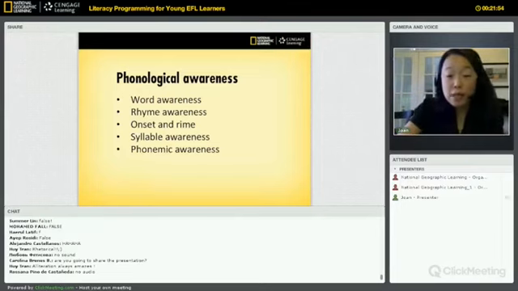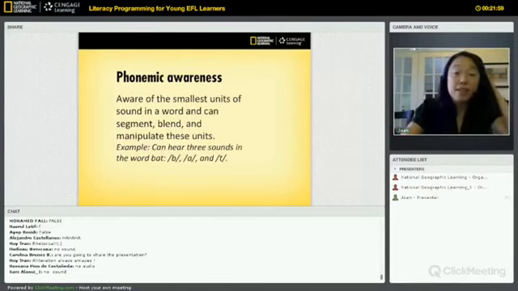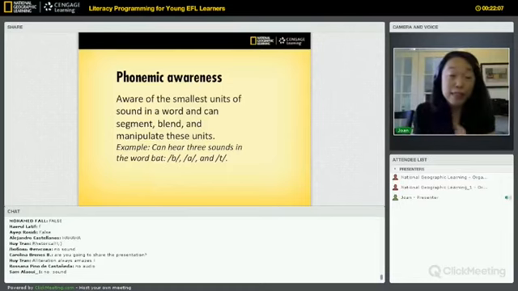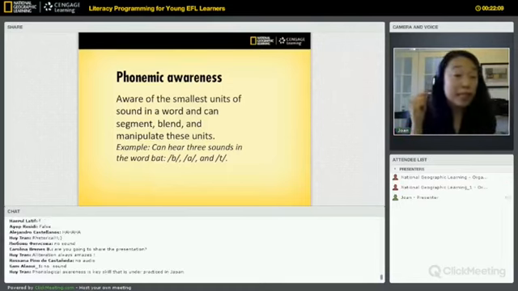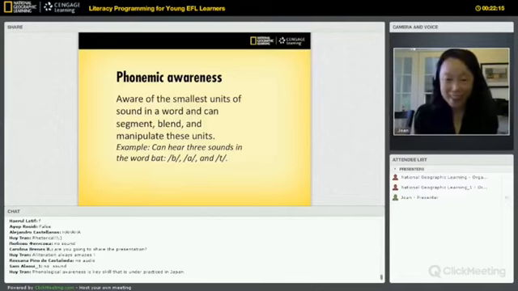And phonemic awareness is one aspect of phonological awareness. It means you're aware of the smallest units of sound in a word. You can segment them, blend them, and manipulate the units. The example I give here is that you can hear 3 sounds in the word bat: b, a, t.